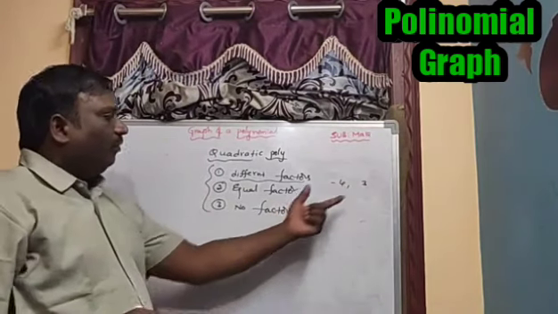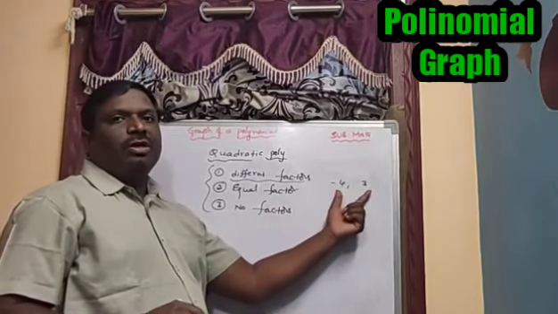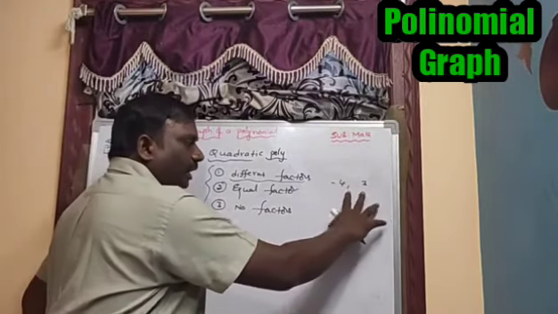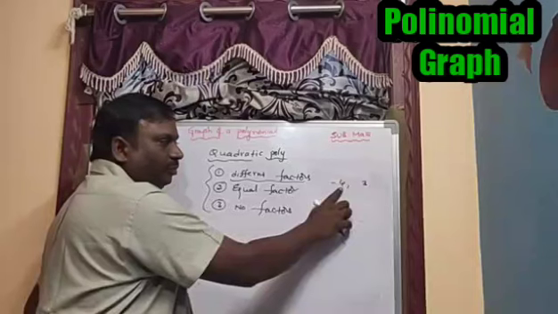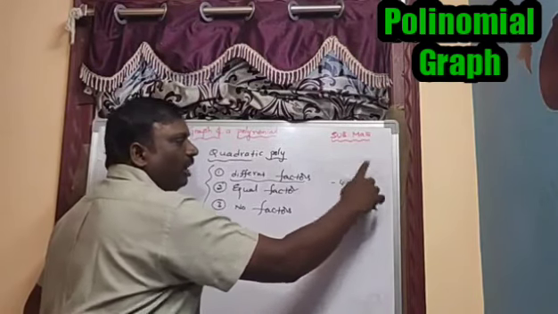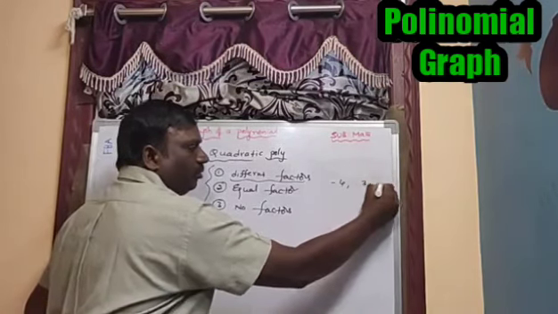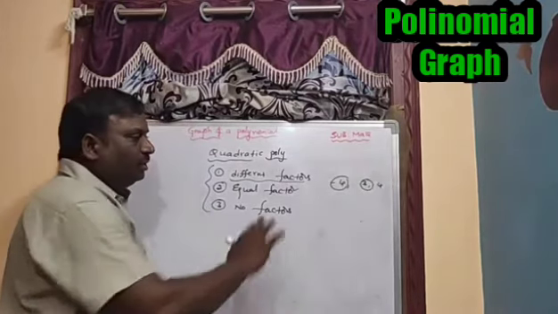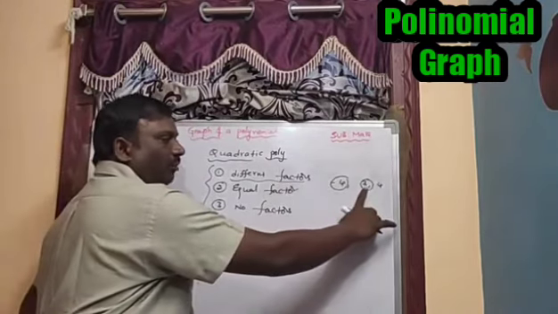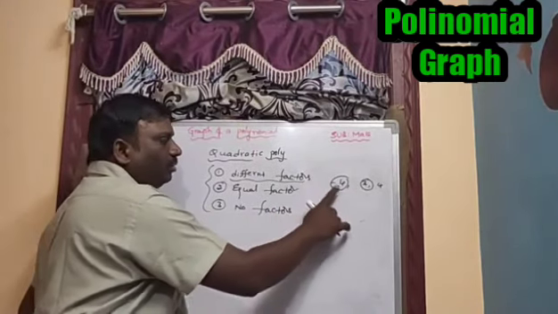If you know the factors, then you can take minus 4 here and 3 here. After 3 you can take one number, 4. If these two are the factors, after 3 you can take only one value.